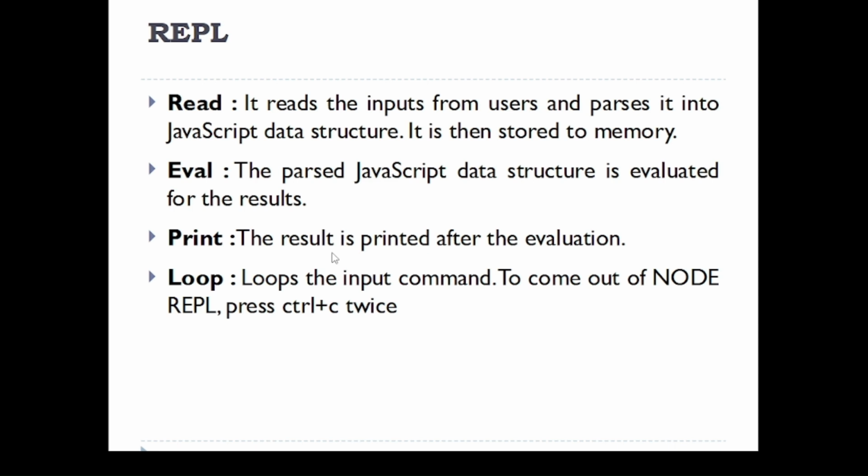And later, if you want to use it again, you can start a loop. It means that once you get the result, you are again ready to use the REPL. So it will simply loop the input command. If you want to come out of this Node.js REPL, you can simply press Ctrl+C twice.